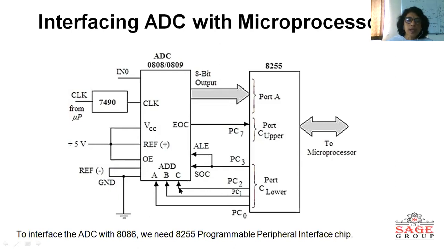The ABC address pins are connected with the PC0, PC1 and PC2 pins of 8255. PC3 is connected with the start of conversion and ALE signal. End of conversion is given to PC7 pin of 8255, and the binary output of the A to D converter is given as an input to port A.